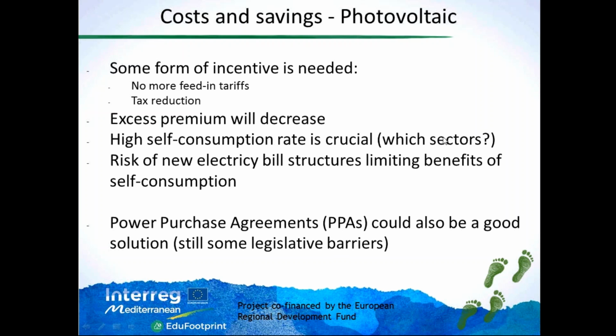This means, of course, that we maybe have to look at specific sectors for photovoltaic. For instance, the commercial and industrial sector are very interesting because they concentrate their loads during the day. Schools, what about schools? Of course, if we look at the daily consumption curve, it could be interesting because most of the consumption is during the day, but we also have to look at the seasonal variation.